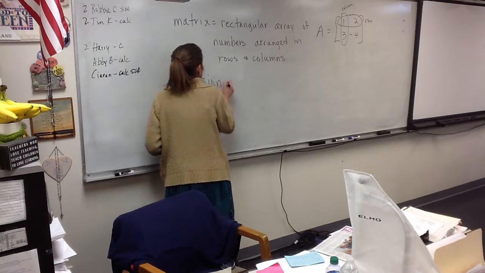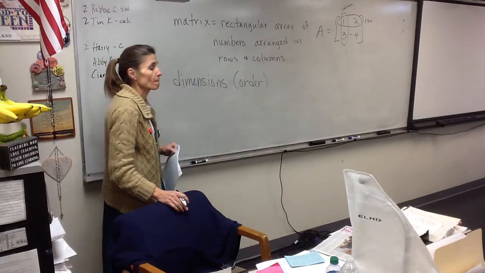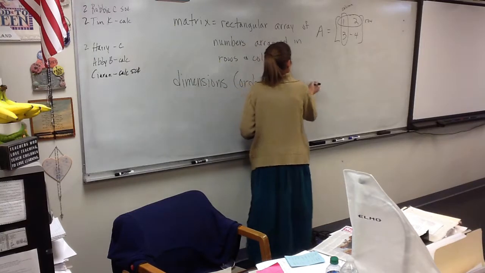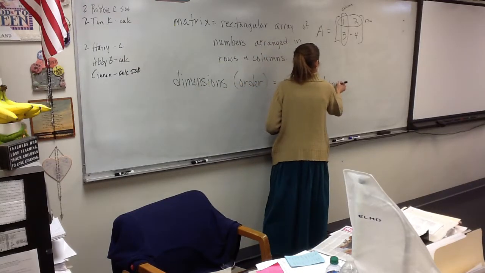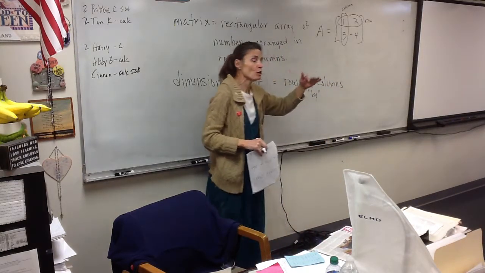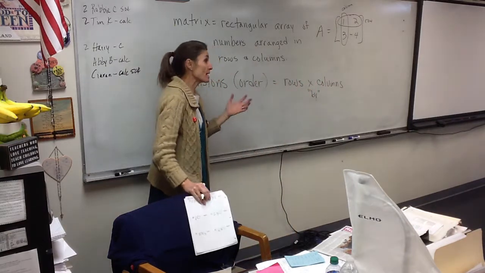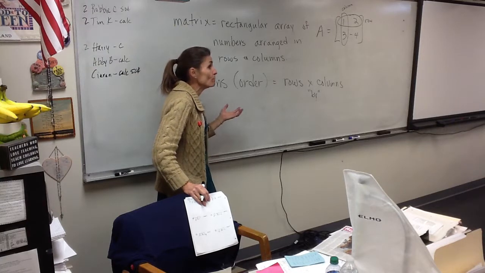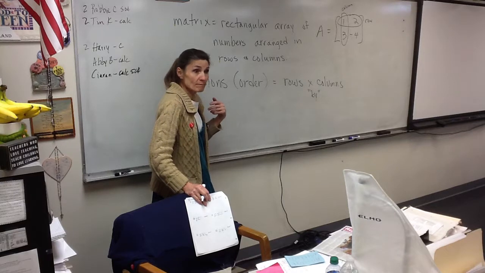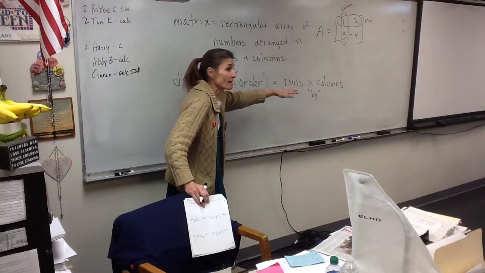Now, we classify matrices by their dimensions. Some books refer to the dimensions as the order of the matrix. The dimensions of a matrix are the rows by columns. And when we say this, don't say times. It's not rows times columns, it's rows by columns. Just like if you were going to give the dimensions of this room, you would say it's 30 by 20, right? A matrix is rows by columns.